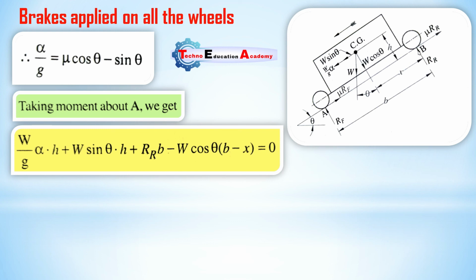The other force Rr, the reaction force at the rear wheel, has distance B, which is perpendicular from the line of action of A, and Rf into 0 because its distance is 0.